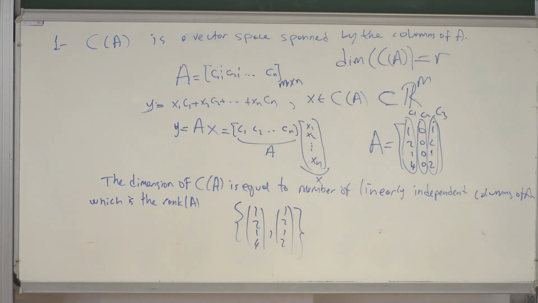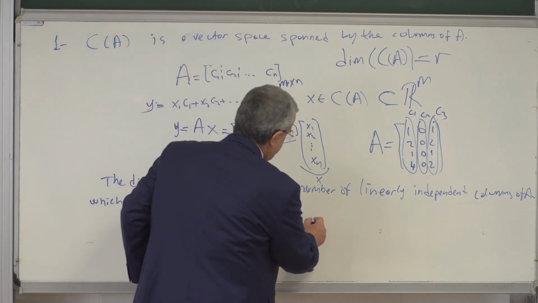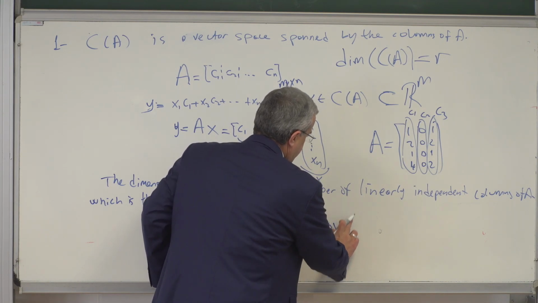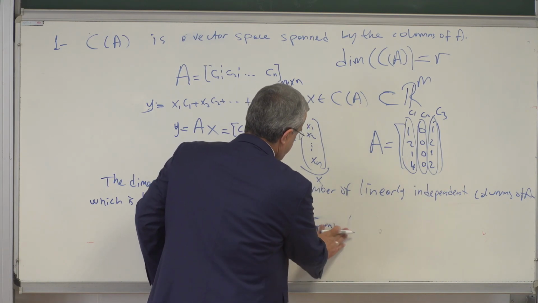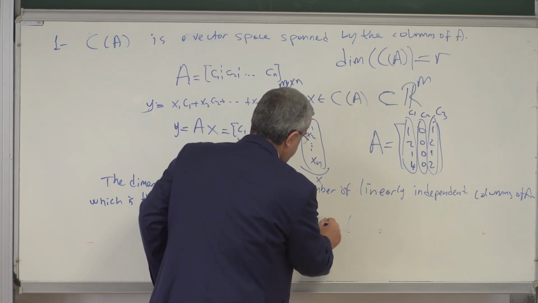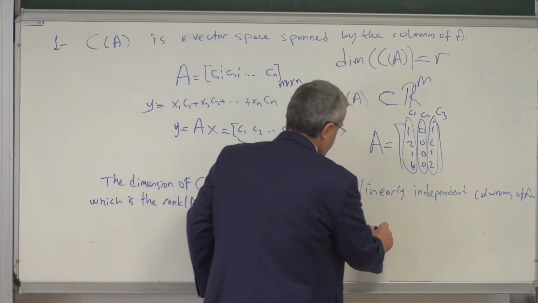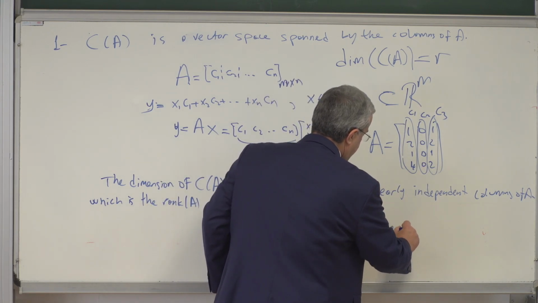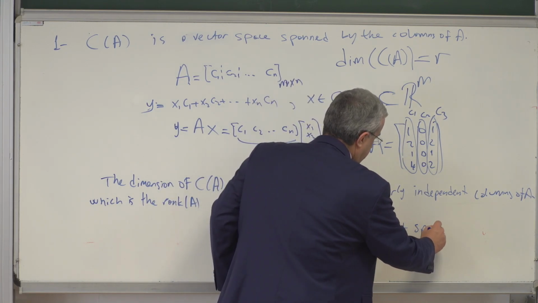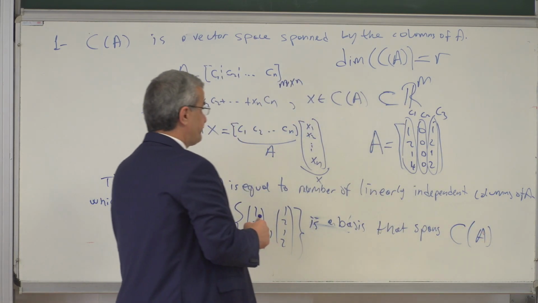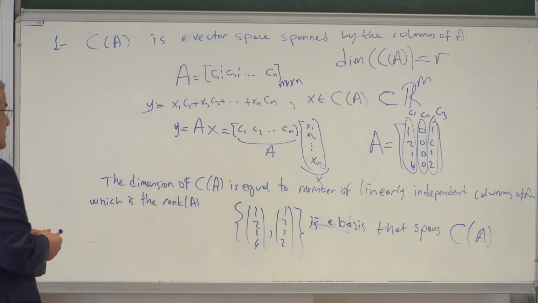So you are right. Okay, so this is how you are going to write your answers: spans, is a basis that spans the column space of A. So you see the difference?